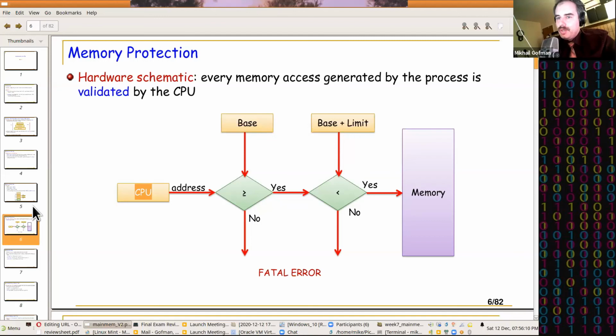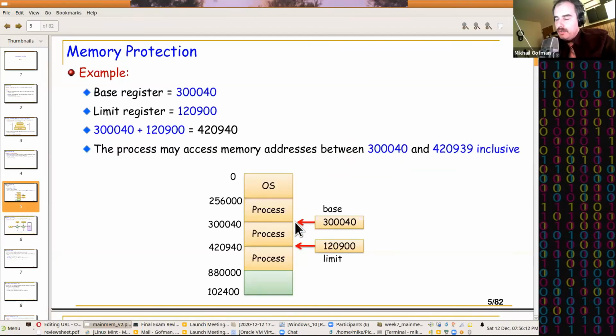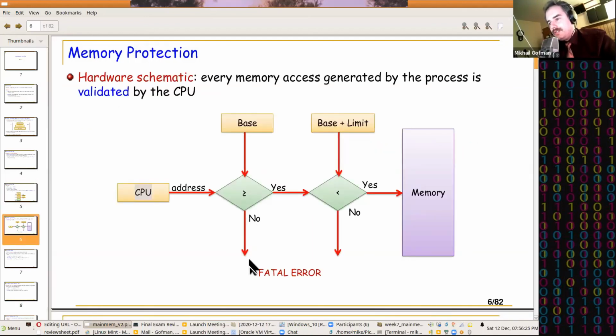In other words, we're checking to make sure that the process doesn't access any address below its lower bound, which is the address stored in the base register. And if that's not the case, then this is a fatal error, and usually the process would be terminated.